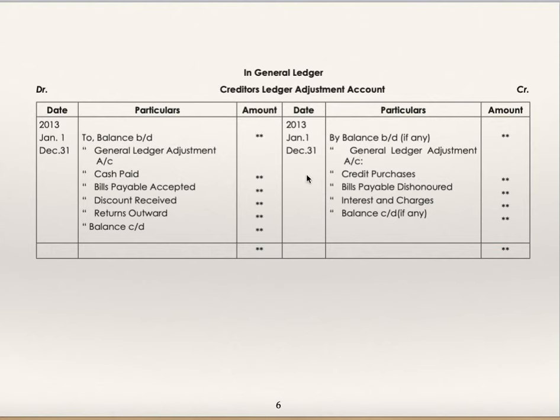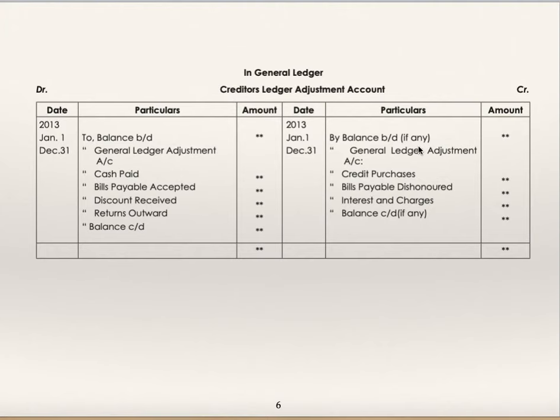Now this is the pro forma format of creditors ledger adjustment account in general ledger. To balance brought down, by balance brought down, this is your normal creditors account. In general ledger, when you are preparing creditors ledger adjustment account, it is normal creditors account.